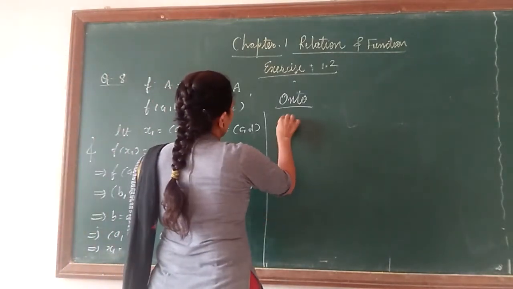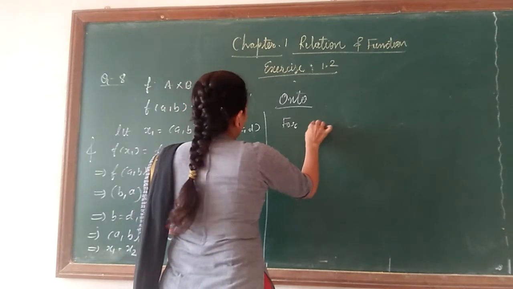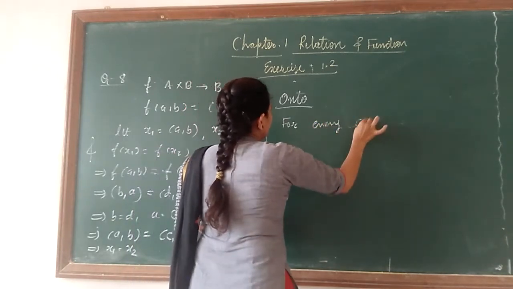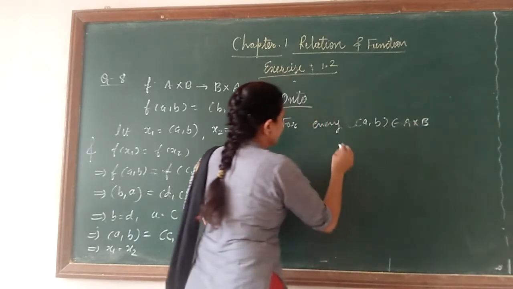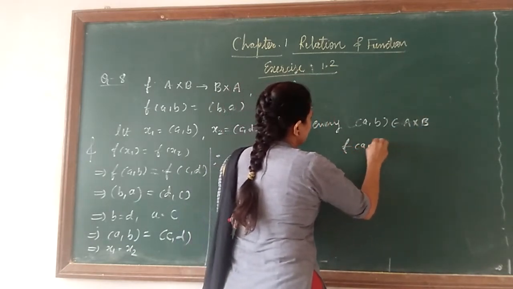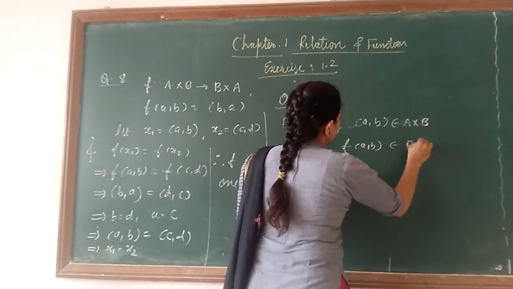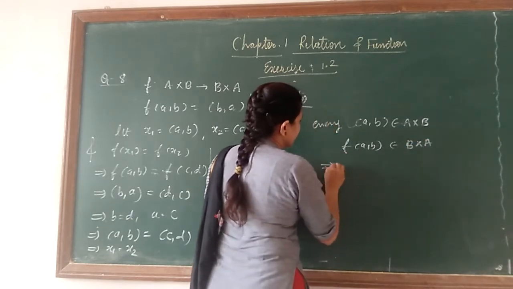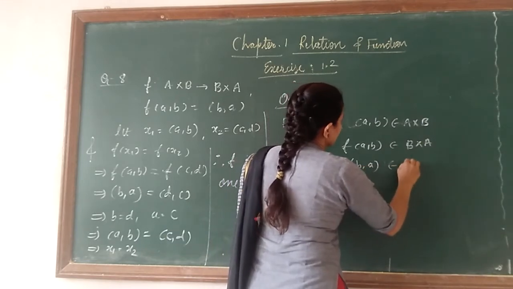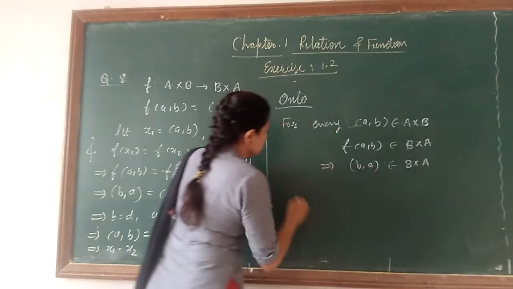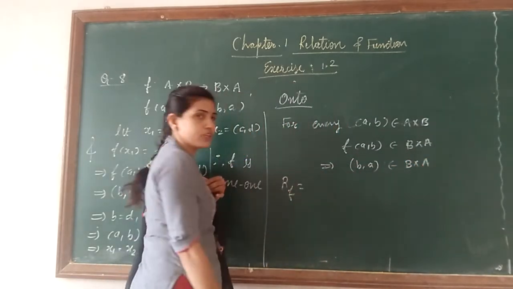So for every (A, B) belonging to A cross B, f of (A, B) belongs to B cross A. That means f of (A, B), that is (B, A), belongs to B cross A. So what can be the range of the function?